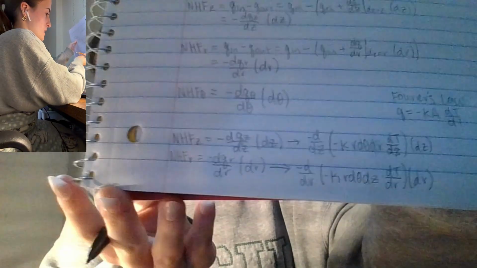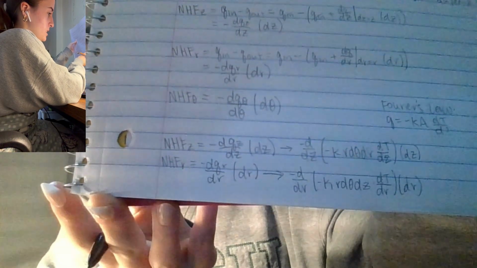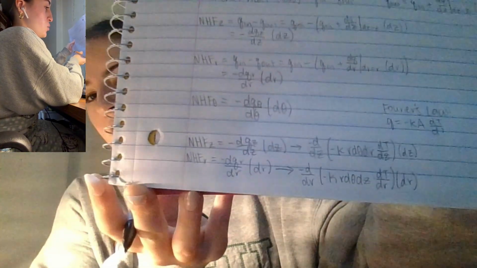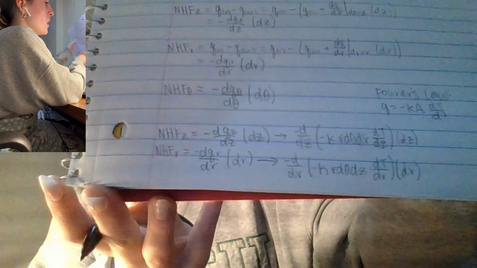So then here you'll have, once again, the d theta needs an r in front, so it'll be r d theta dz times dT over dr times dr at the end. So that's the equation for our r direction, just did the exact same procedure as I did for the z. And the only thing that's changing is we're looking at changes in the r direction now, and so our cross-sectional area changed as well.